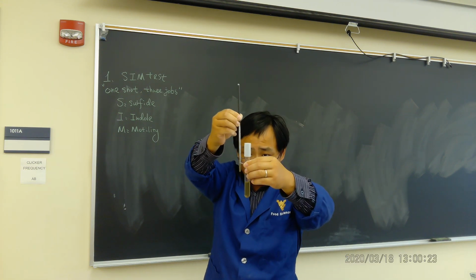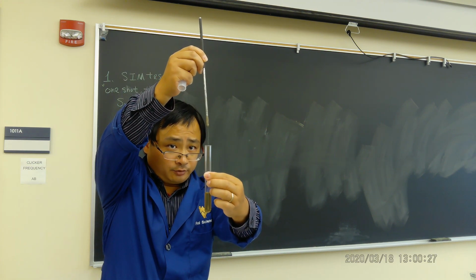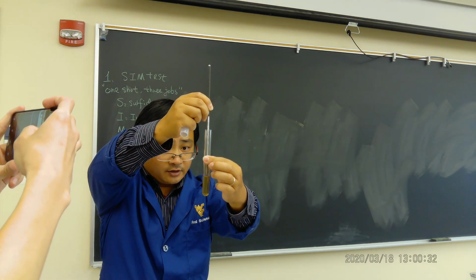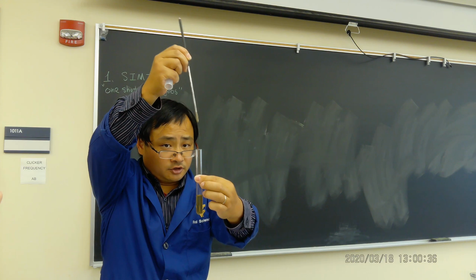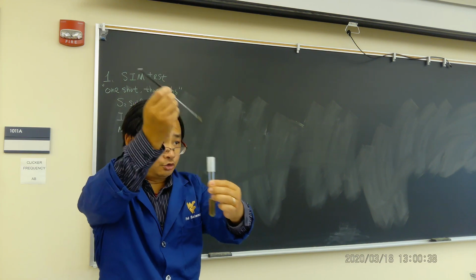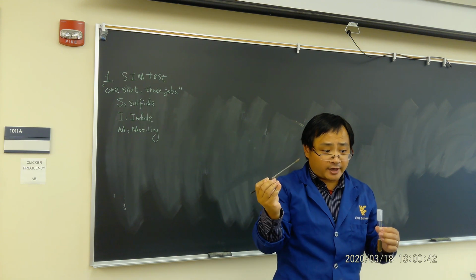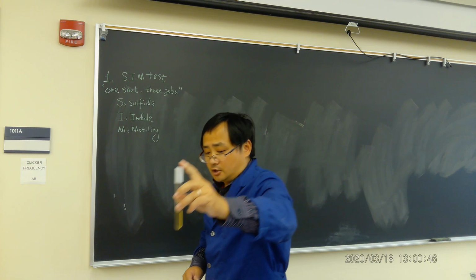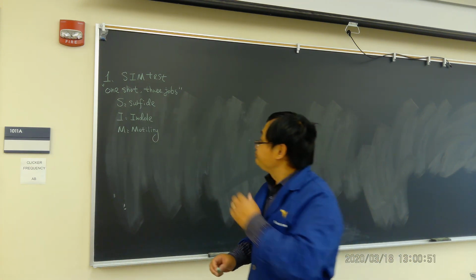So Lee, do you want to take a picture for me? So you take it out. You put this needle in, straight in, and then go out. So that's 1 shot to do 3 jobs. Don't use a loop. I'll tell you why. So that's the first thing you need to know. 1 shot, 3 jobs. Use needle, not loop.